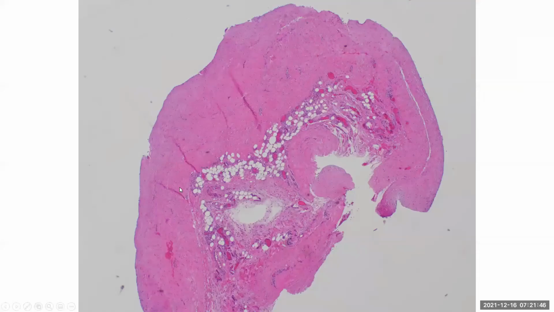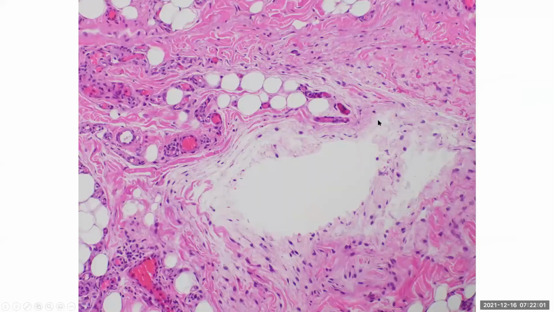Okay, so this is the lesion at low magnification. The lesion is surrounded by this thick fibrous layer, and you can see a little bit of fat, and in the center there is this lesion. At higher magnification, the lesion appears to be a pseudocyst. By pseudocyst, I mean it's a cystic lesion that is devoid of a particular lining.